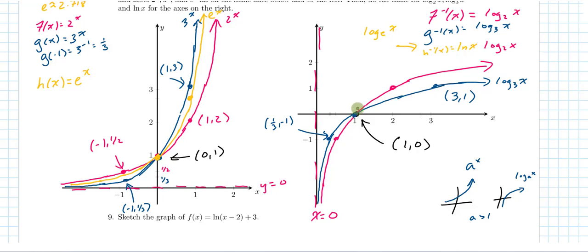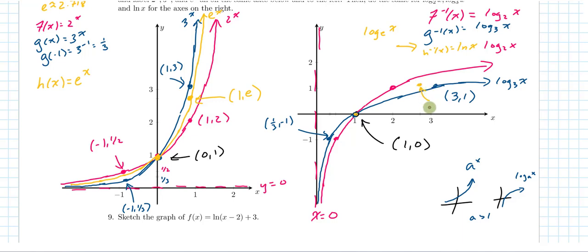So just like the other two log functions, the log base anything of 1 is 0, so the natural log of 1 is 0. Similarly, because this exponential function passes through the ordered pair (1, e), its inverse must pass through the ordered pair (e, 1). So there's the ordered pair (e, 1).